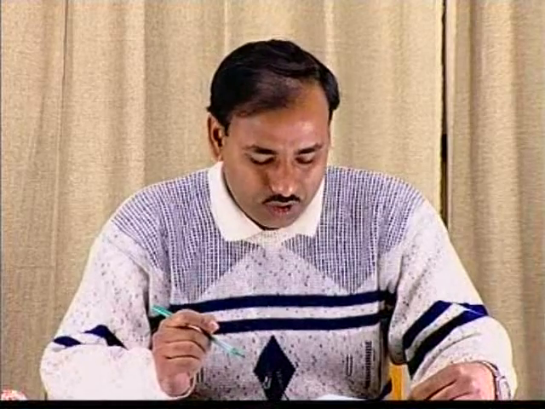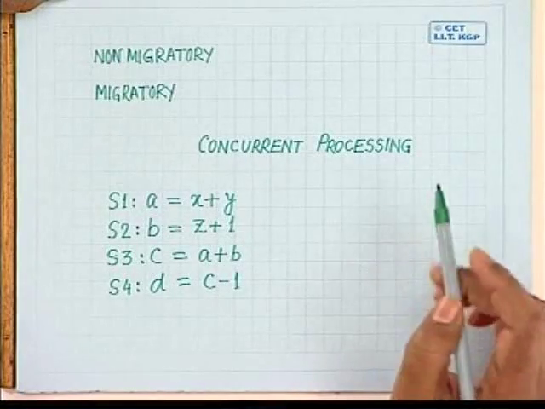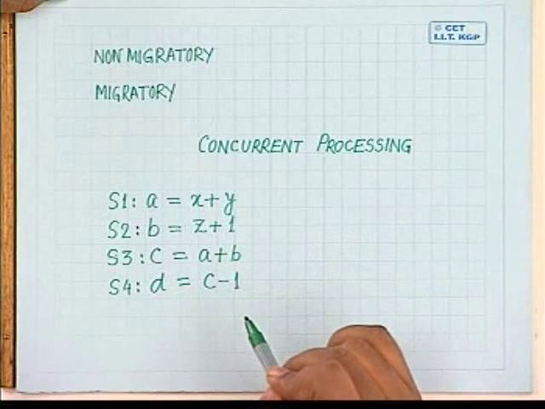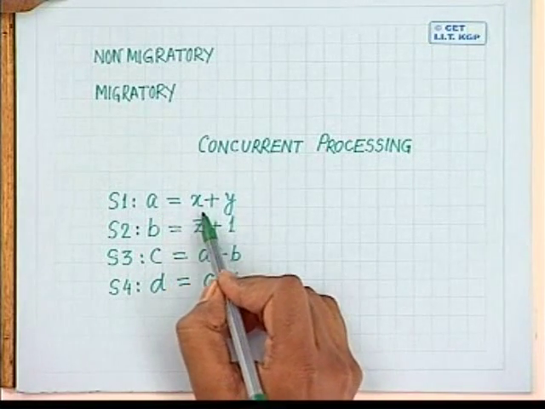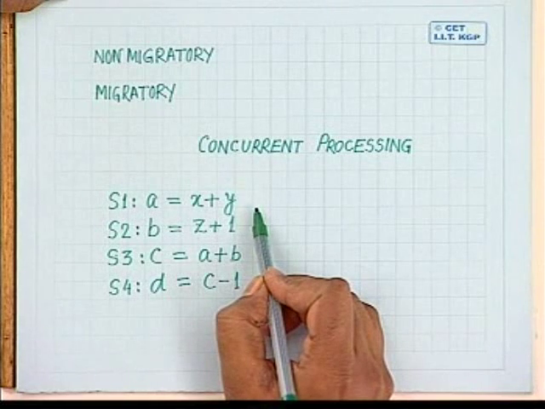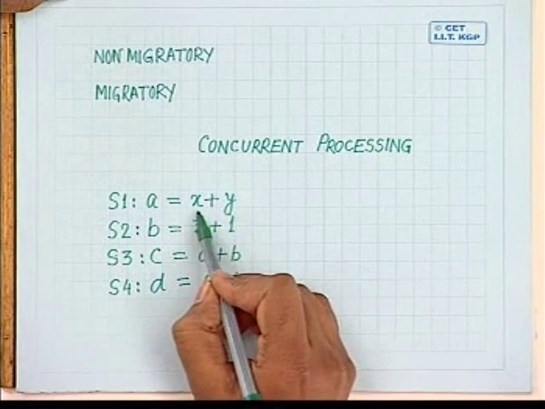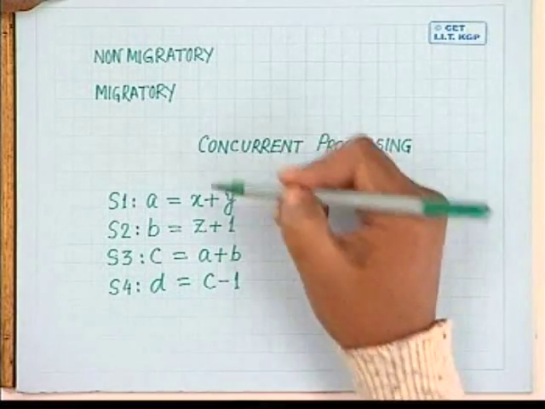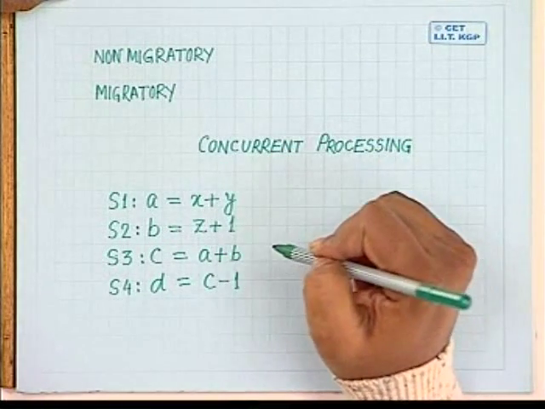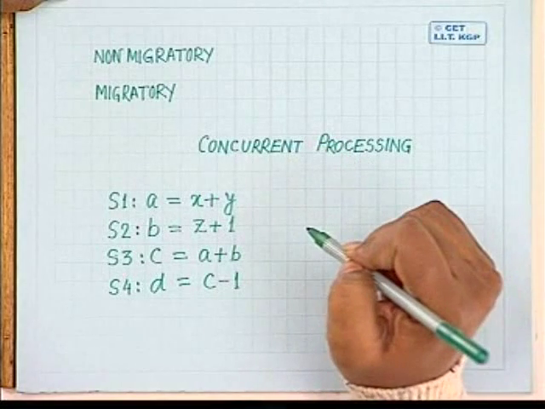Now, if you study all these four statements, S1, S2, S3, and S4, you find that statement number 1, which is A = X + Y, does not depend upon any previous statement. That means X and Y are not generated by any previous statement.